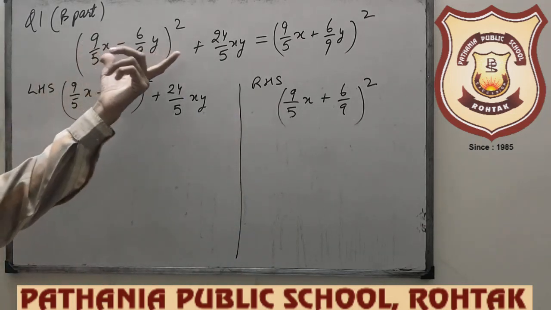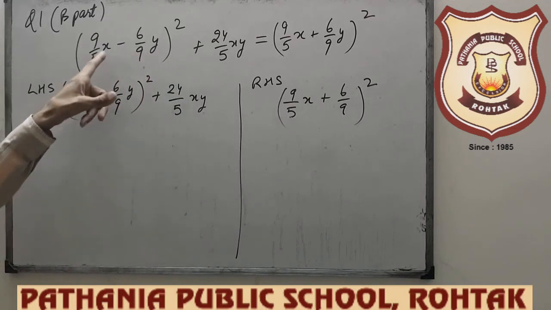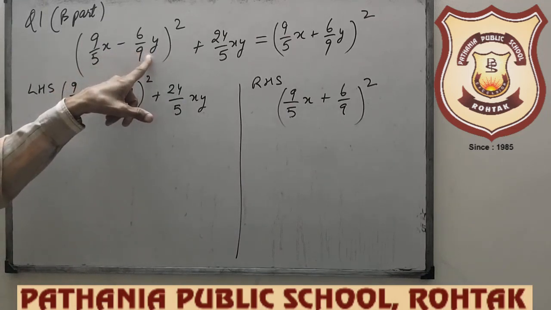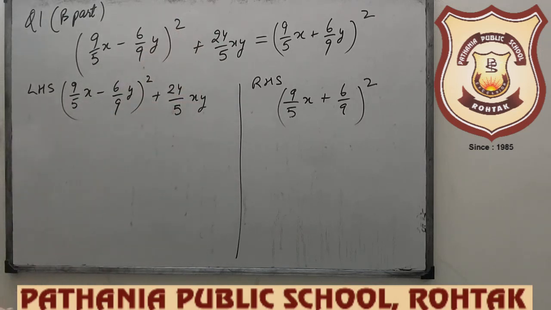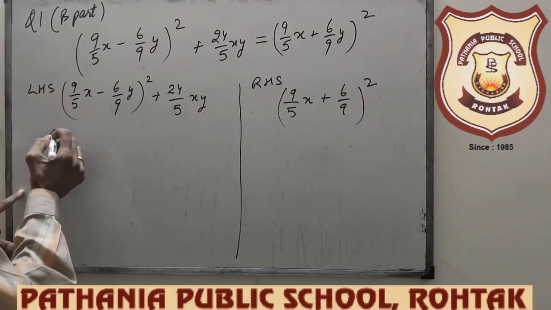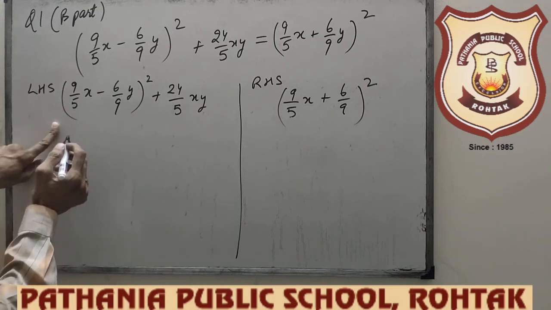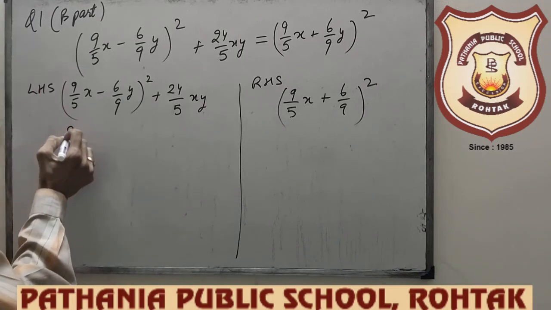So look here. I am taking the left hand side, this 9 by 5x minus 6 by 9y whole square plus this. So open this part. Which identity do you have to use in this part? A minus b whole square. What is a? 9 by 5x. So what is the square of 9? 81.